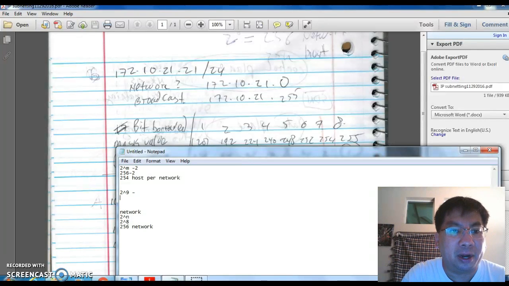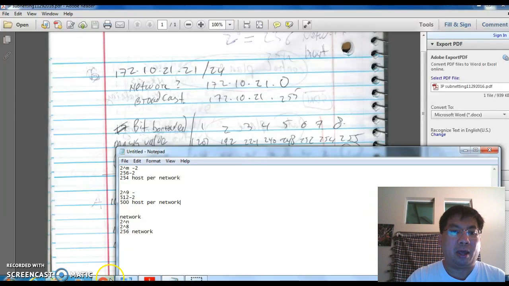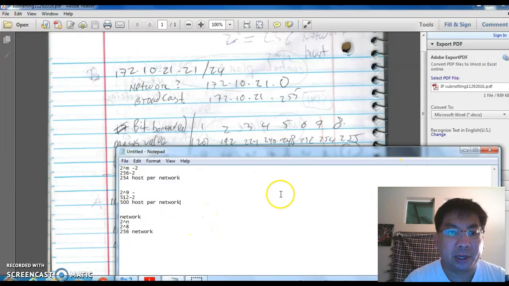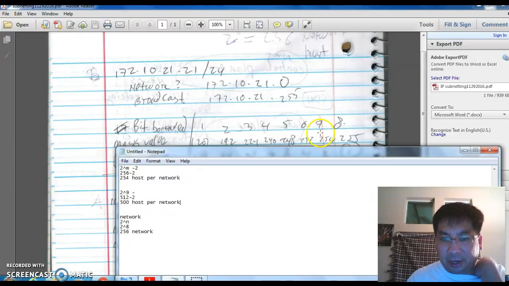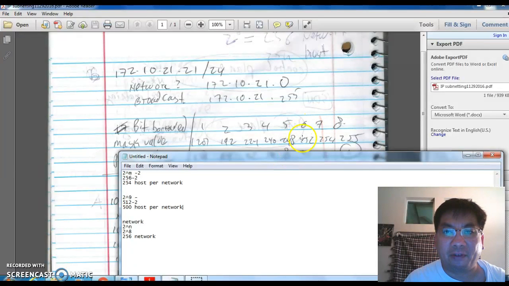So the hosts per network is what? 512 minus 2, which is equal to 510 hosts per network, okay. And the network bits that we borrow is 7-bit, right? 7-bit. So we borrow what? No, it's actually 7 plus 8.